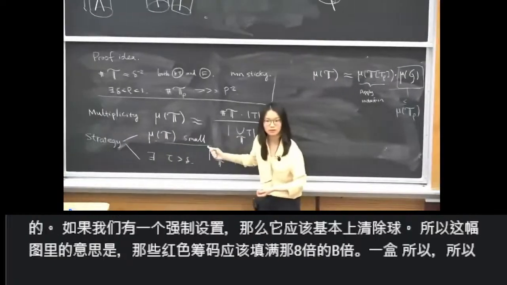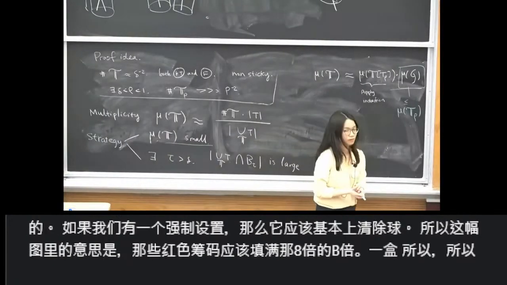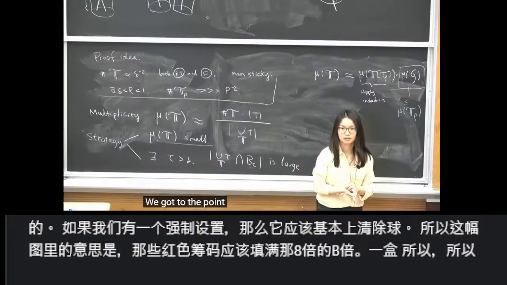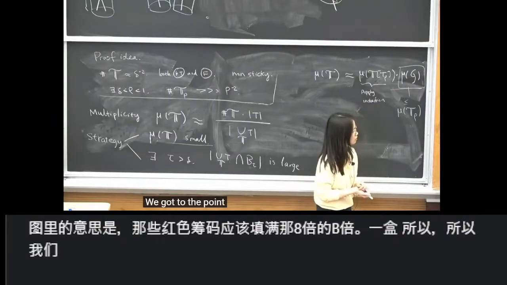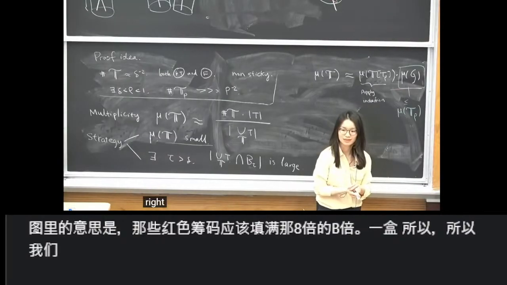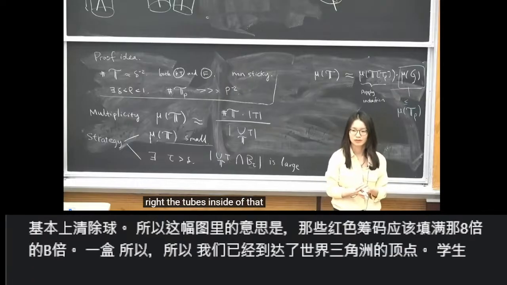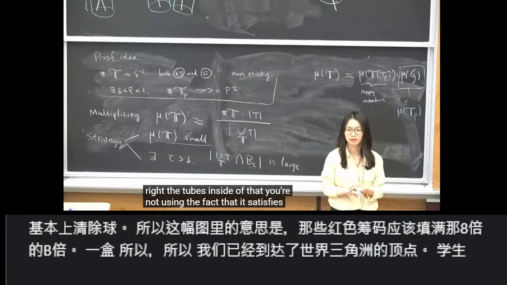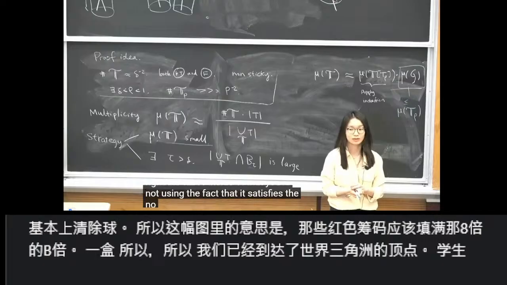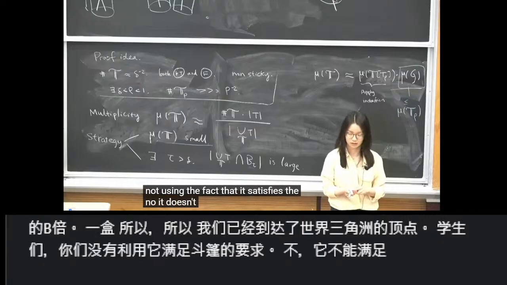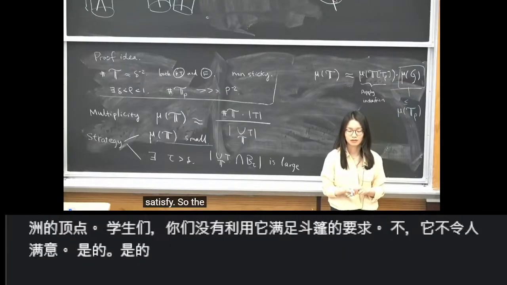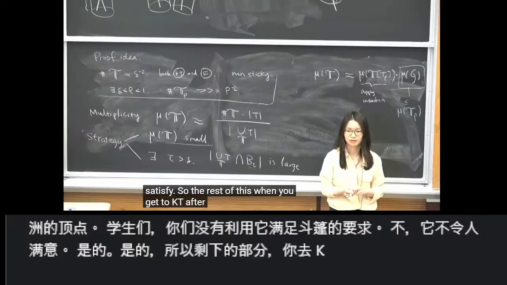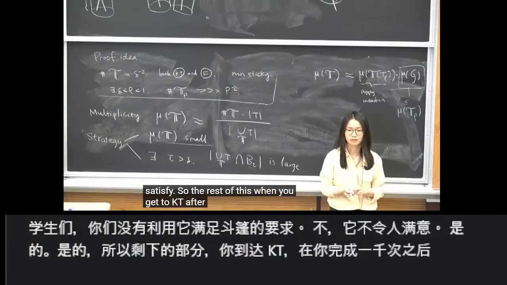Let me just say one more time. When you get to the point of the delta over rho ball tubes, the tubes inside of that, you're not using the fact that it satisfies the Kakeya. No, it doesn't satisfy it. So the rest of this, when you get to KT and after, you're doing it without the Kakeya.